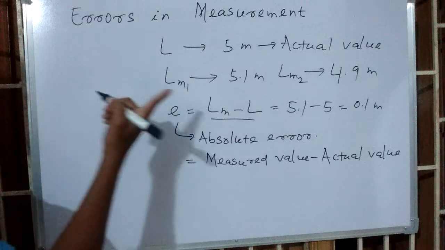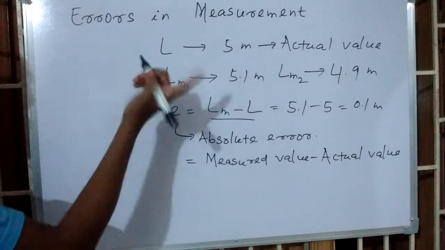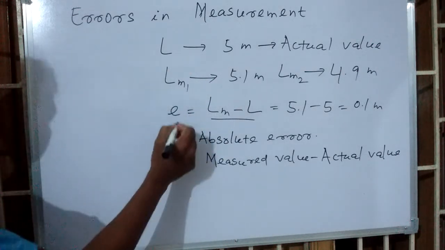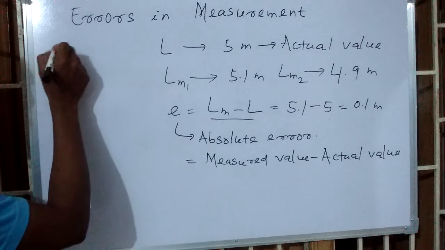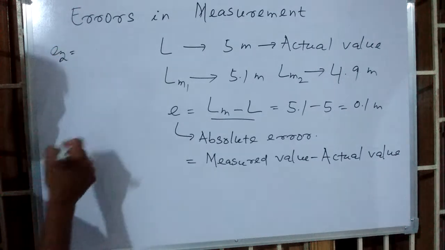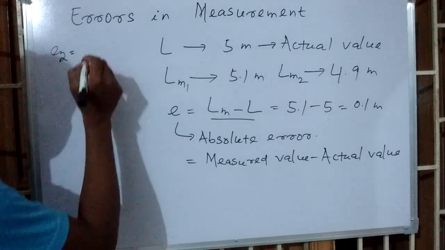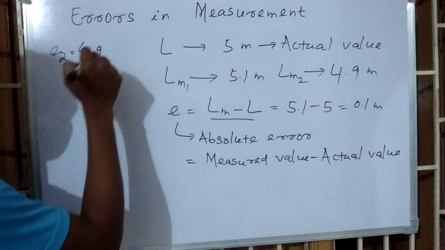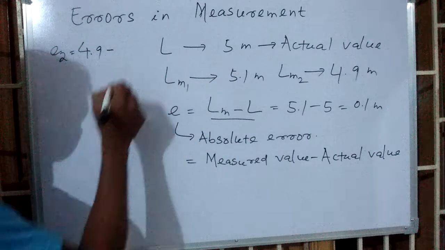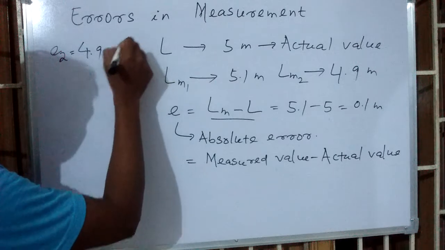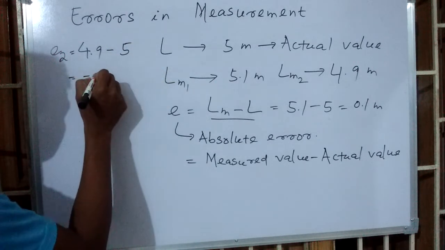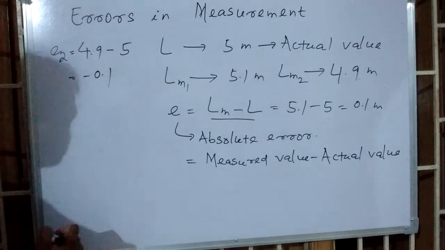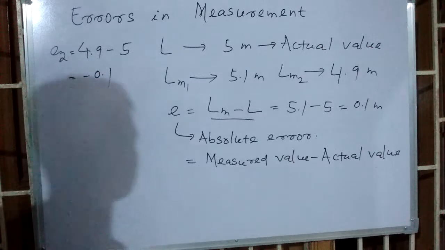Then the error in this case, if this is E1, then this will be E2, the absolute error 2, which is the measured value 4.9 minus the actual value 5, so this is minus 0.1. Okay, that means absolute error is varying.